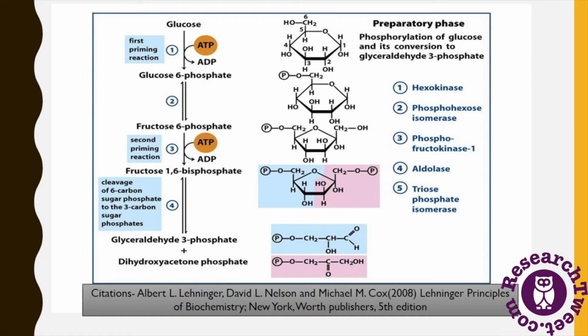Here the preparatory phase of glycolysis completes with the formation of glyceraldehyde 3-phosphate. The dihydroxyacetone phosphate also converts into glyceraldehyde 3-phosphate with the help of triose phosphate isomerase, and then this glyceraldehyde 3-phosphate takes part in the further reaction.